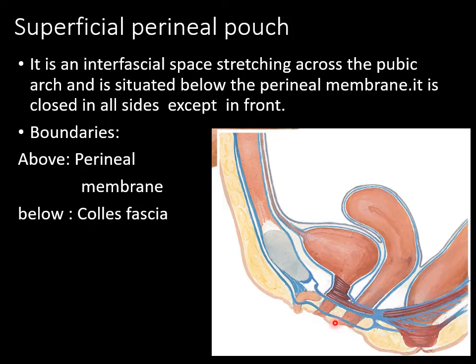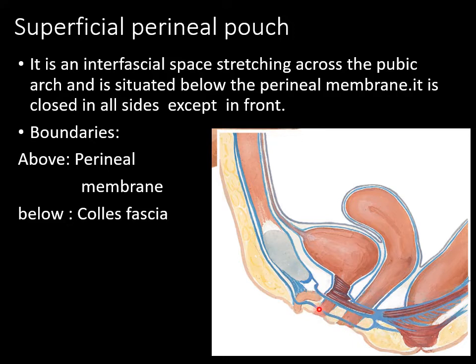What is the superficial perineal pouch? It is an interfascial space stretching across the pubic arch and situated below the perineal membrane. It is closed on all sides except in front. Here you can see the superficial perineal pouch.